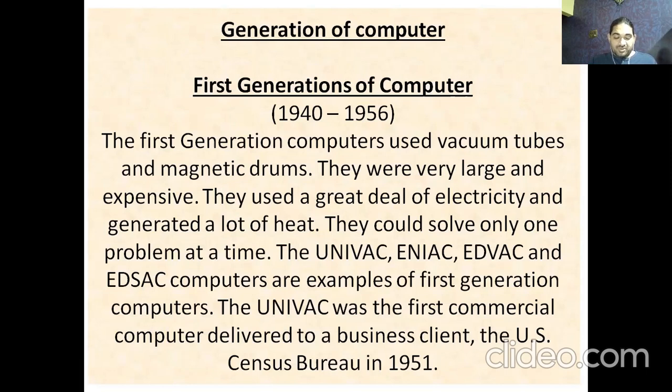The second one is Electronic Numerical Integrator and Computer. Third one, Electronic Discrete Variable Automatic Computer. Fourth one, given down there, is Electronic Delay Storage Automatic Calculator. So these are the full forms I have told you.